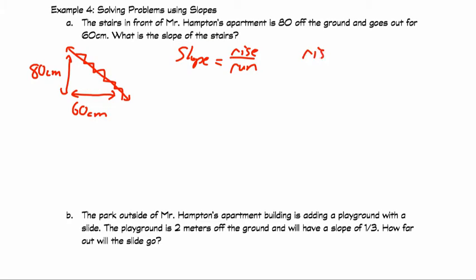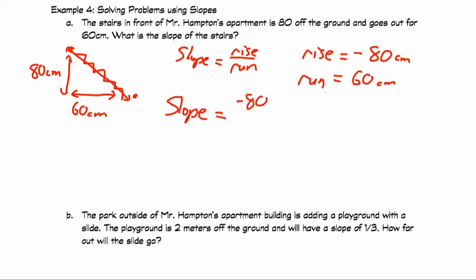So our rise in this scenario was -80, and our run was equal to 60. So our slope is equal to our rise over run, so -80 divided by 60, which gives us 4/3. So our slope for this set of stairs is 4/3.